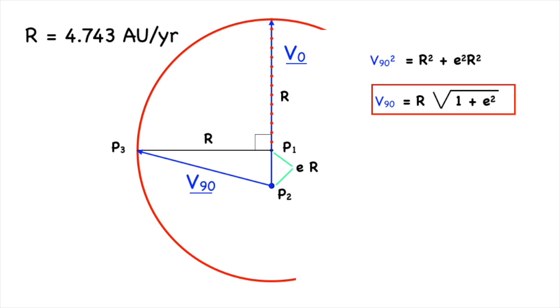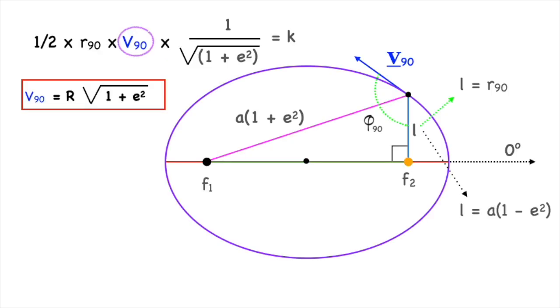Now let's take this expression and see what happens when we plug it in for v sub 90 in our formula for k.